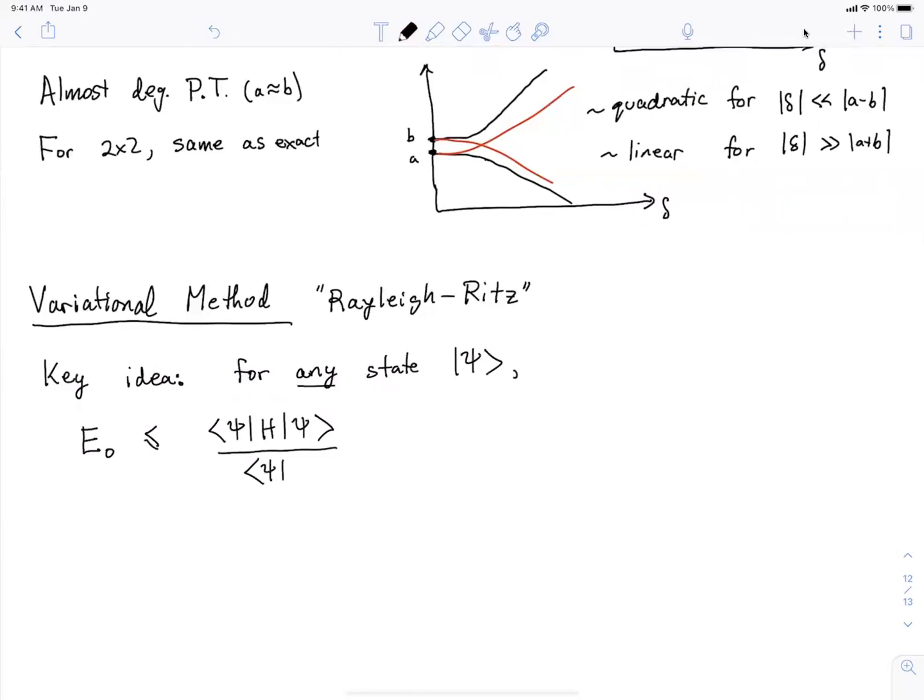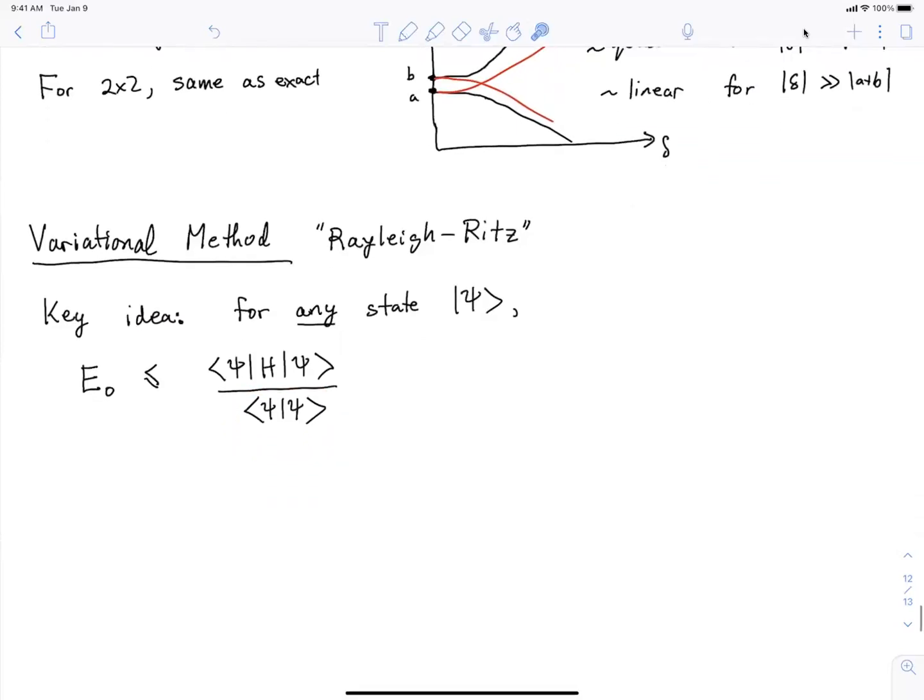Okay, and I'm going to do this in a way where we're not going to assume that psi is normalized. We're going to assume that psi may not have unit norm. That's really just a practical thing, that sometimes we're going to get lazy and we don't want to normalize the state. So in the end, we don't have to normalize the state as long as we remember that when we compute this, we're going to have to divide by the norm.